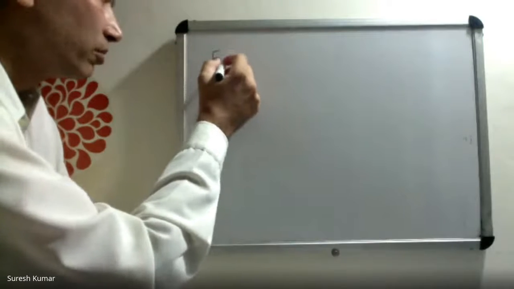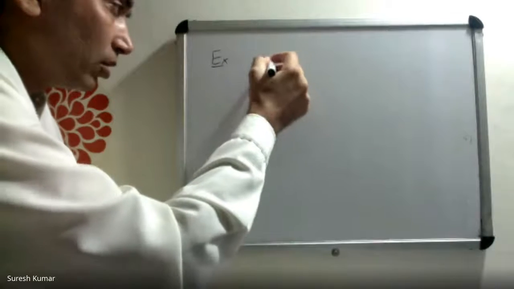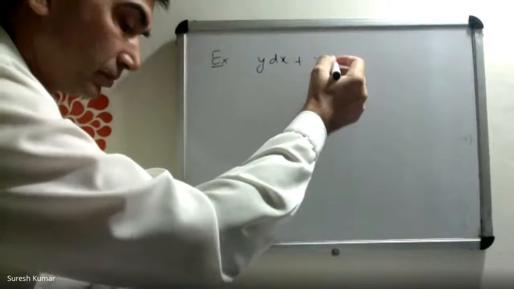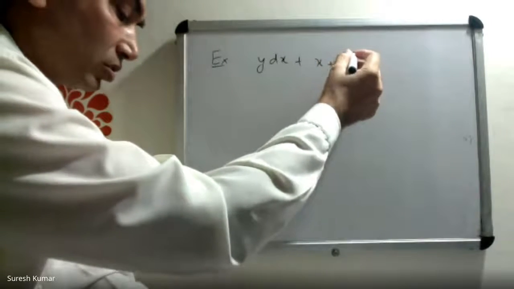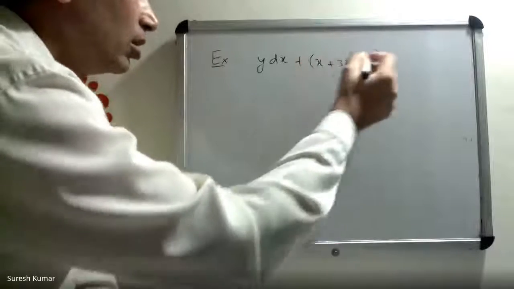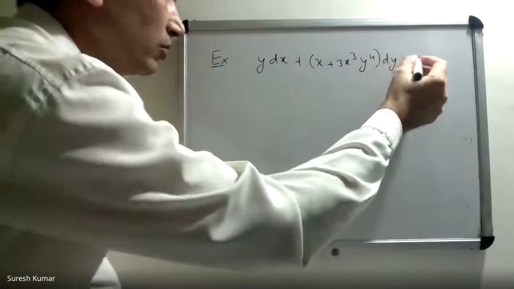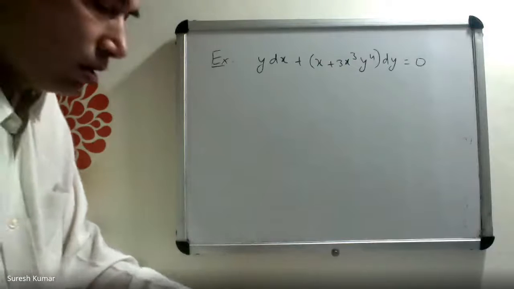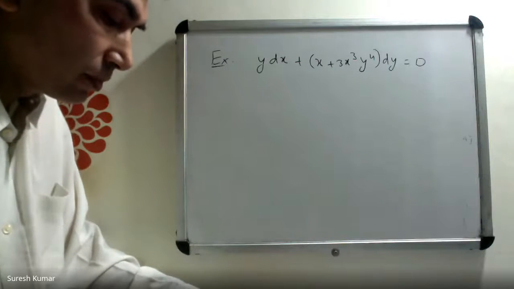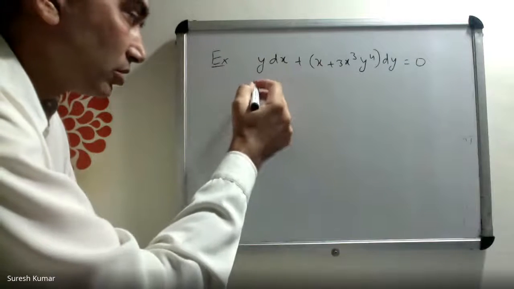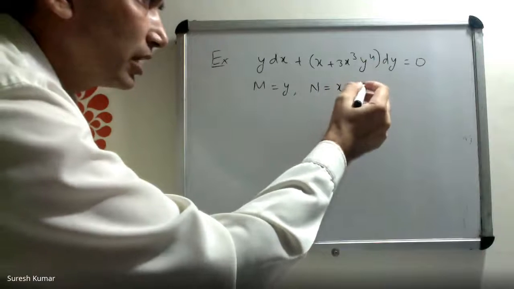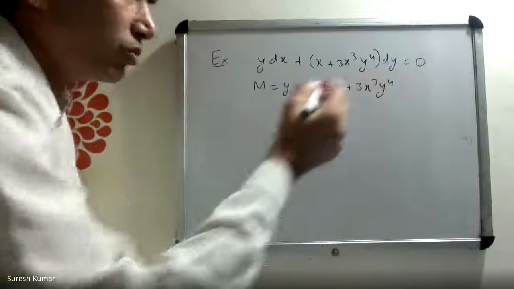See this problem. y dx plus (x plus 3x cubed y to the power 4) dy equal to 0. First check whether it's exact. M is y here, N is x plus 3x cubed y to the power 4.